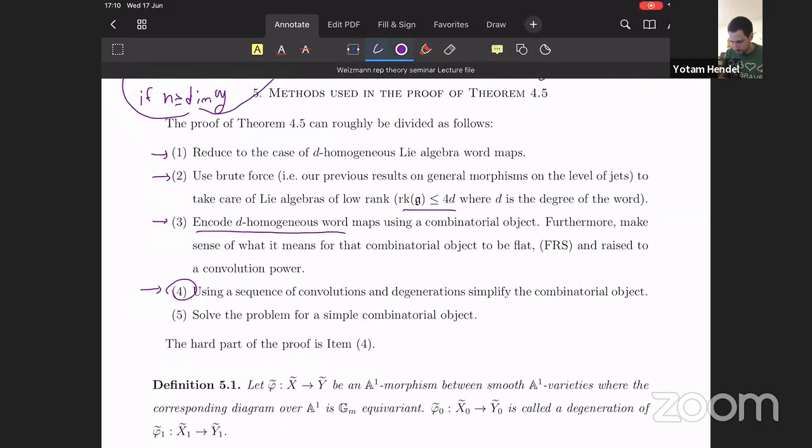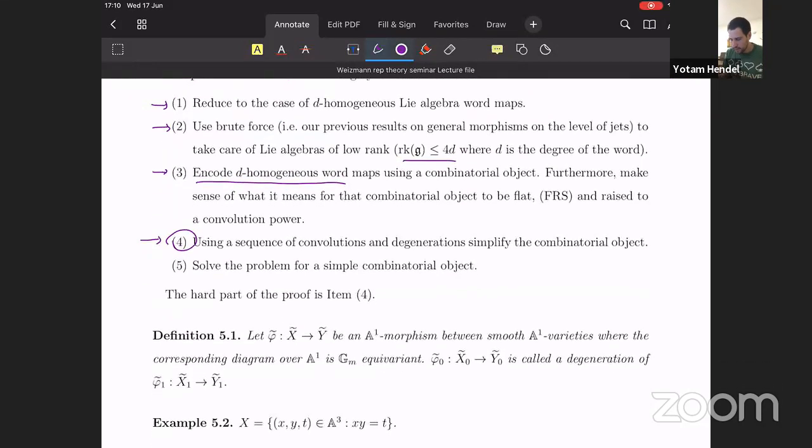And the first thing I need to define is the notion of degeneration we are using. What do I mean when I say degeneration?